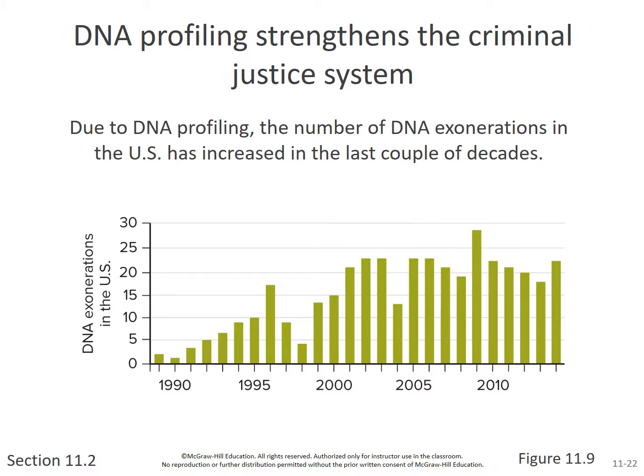It's now discovered that DNA does not match the suspect, and that person has been in jail wrongly. So the exoneration is this concept of being released from jail after they were thought to be the criminal in the case.